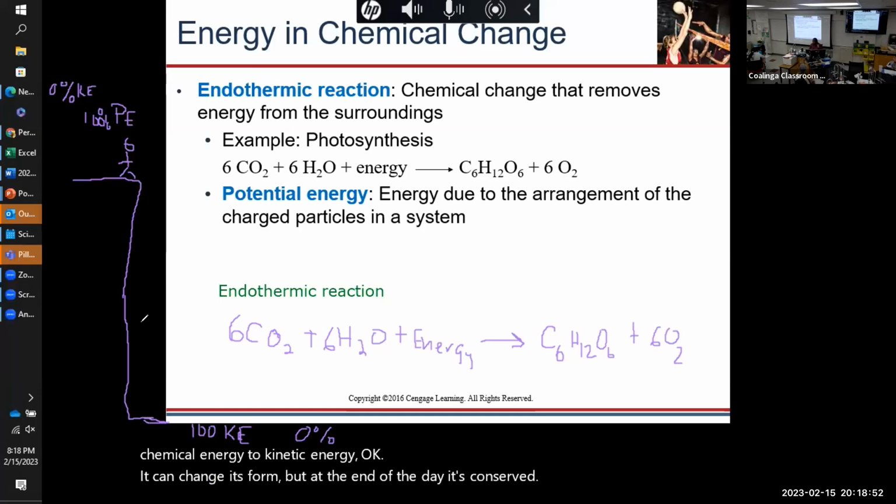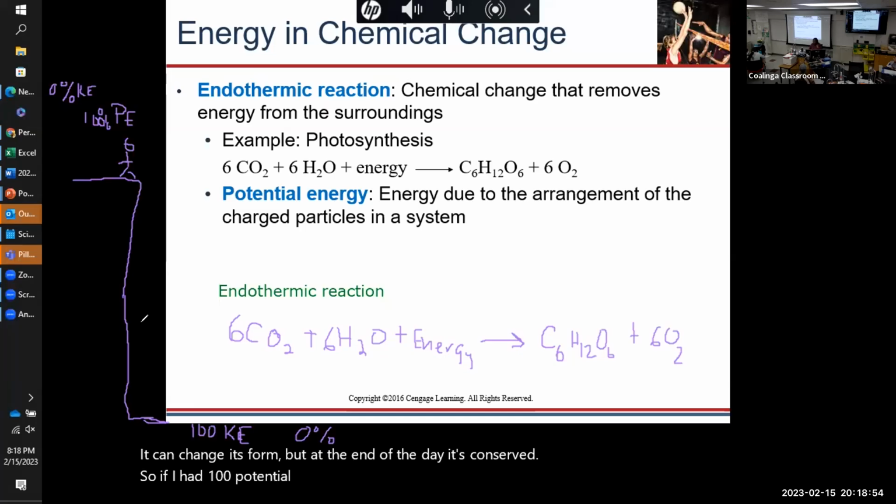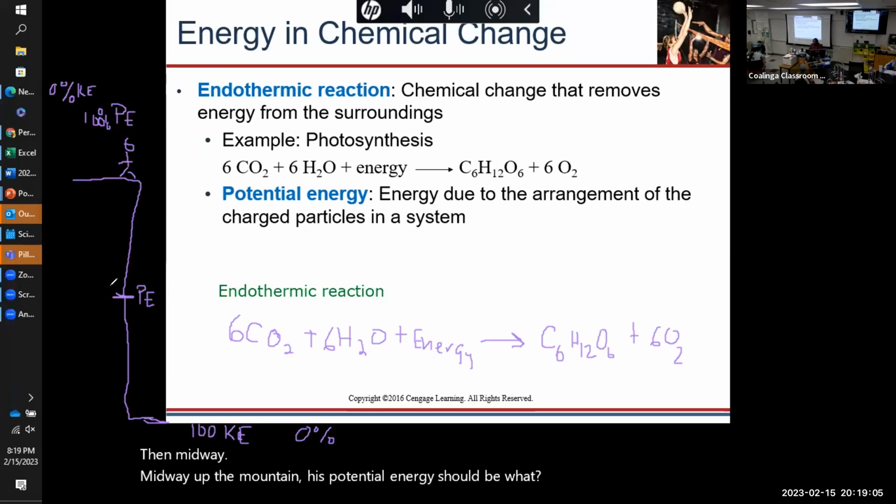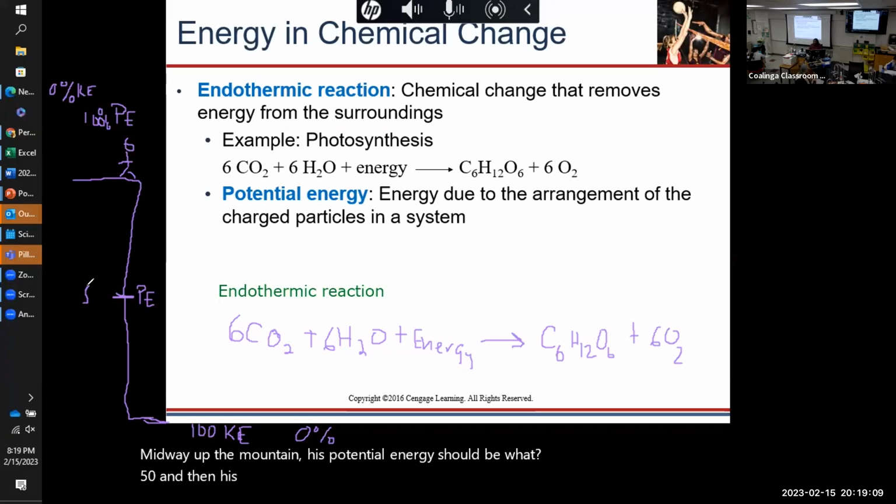So if I had 100% potential energy, then midway up the mountain, his potential energy should be what? 50%, and then his kinetic energy should also be 50%, because energy is conserved, right?